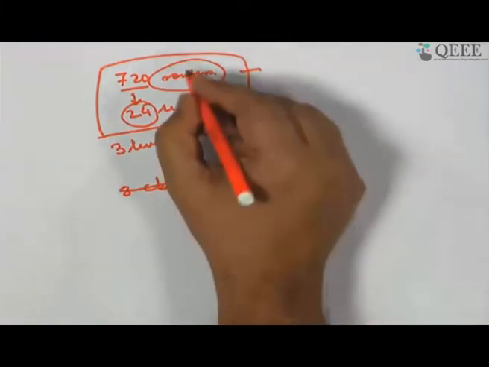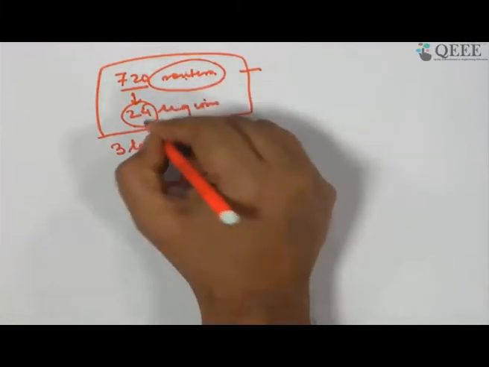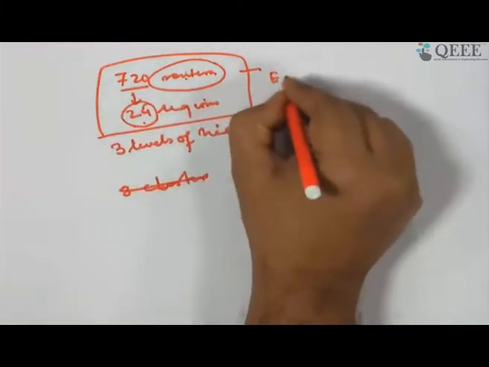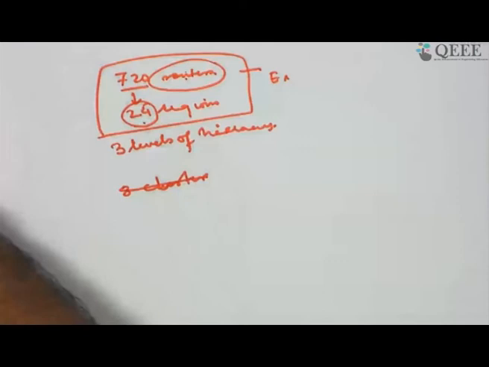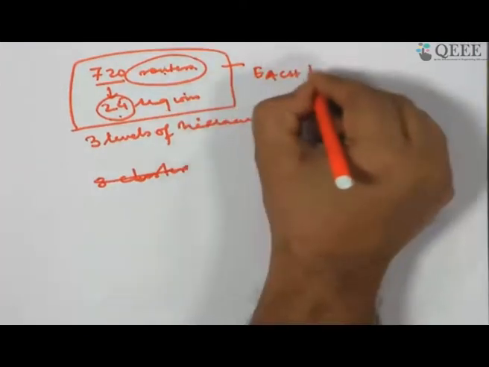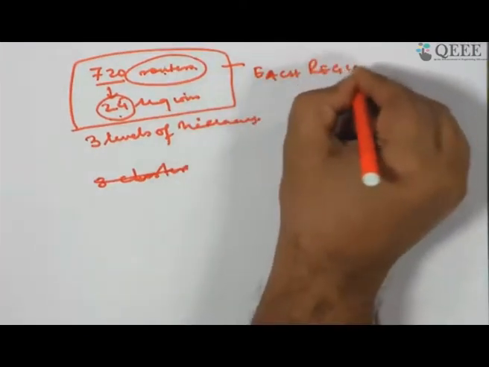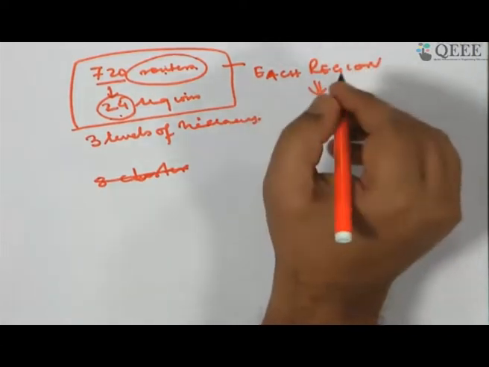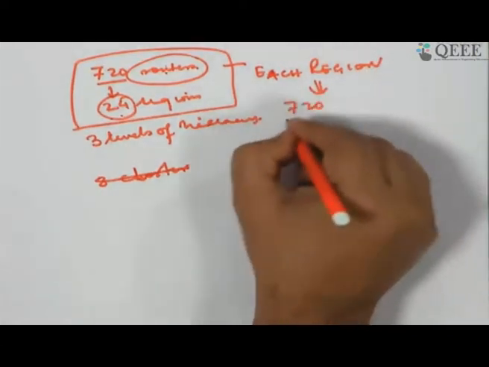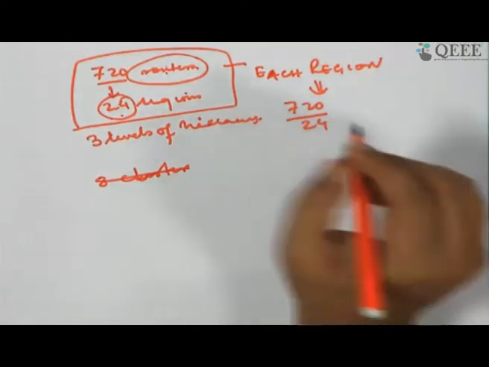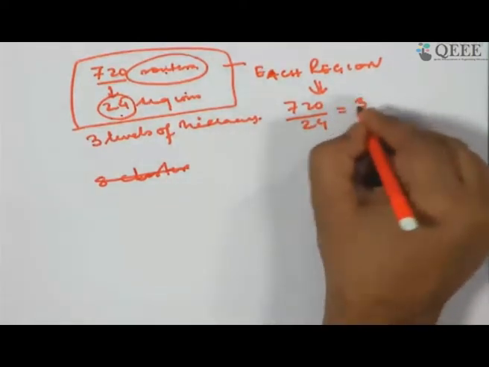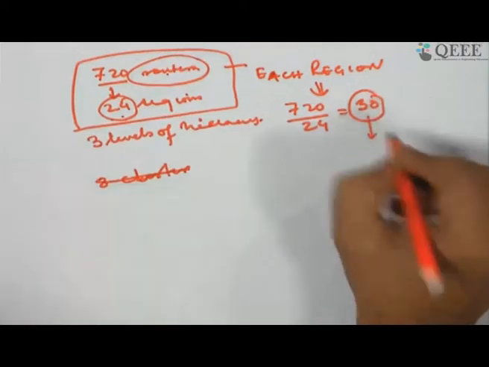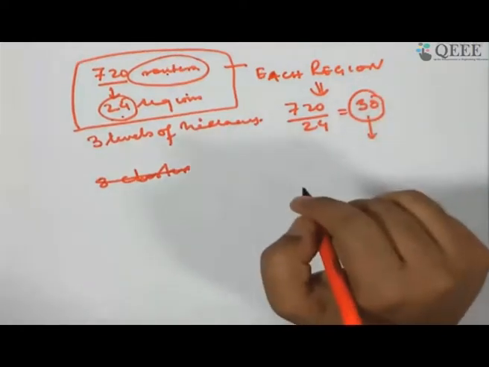There are 720 routers and 24 regions, so each region has how many nodes? 720 by 24 is 30.